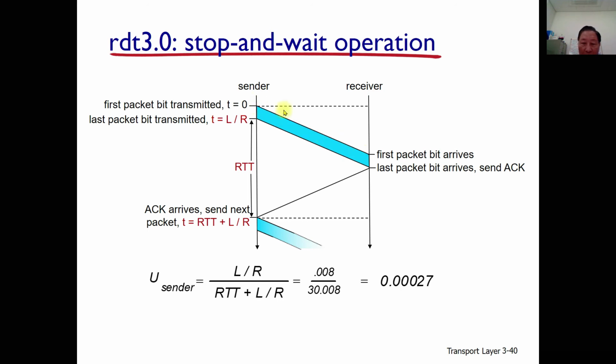This axis means time on the sender side. This is the receiver's time axis, and it is going in this oblique way because it takes time to be delivered there. The first packet bit arrives there, and then the last packet bit arrives there.